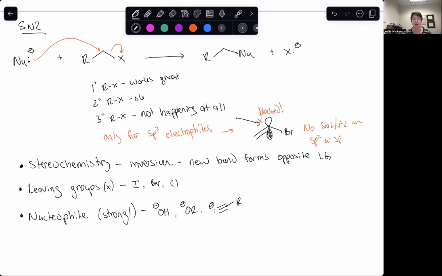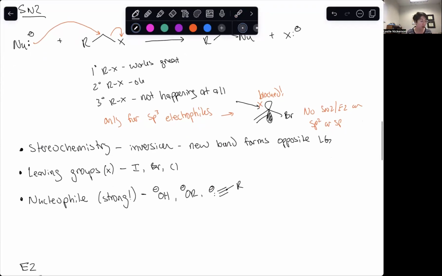Those are going to be the strong nucleophiles that we might see in an SN2 reaction. And we're going to learn some more special ones a little bit later so that we can get some better selectivity, because we're going to run into some problems with that, as you will see later in this lesson. So that's going to be our SN2 reaction, but you really need to beware here.